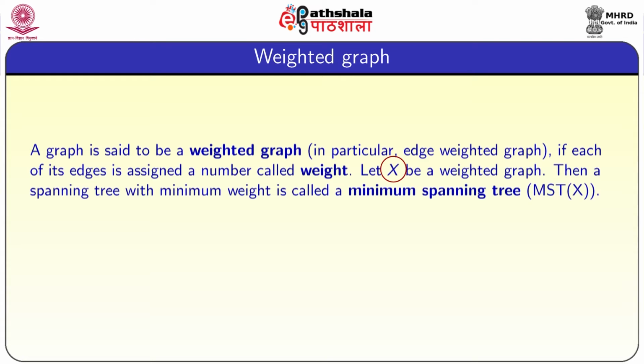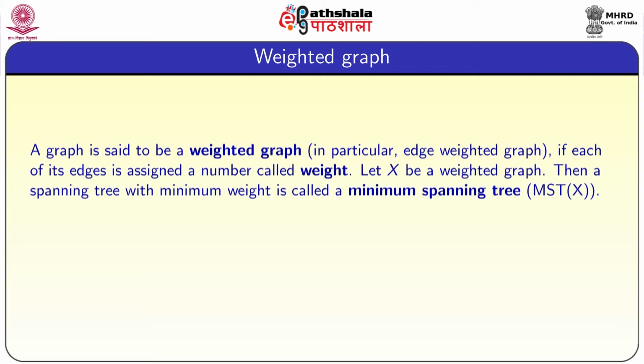Let X be a weighted graph, then consider the spanning tree with minimum weight. That means we are looking at a connected graph which is also weighted. Then we look at different spanning trees, and add all the weights in that spanning tree. That is called the total weight.